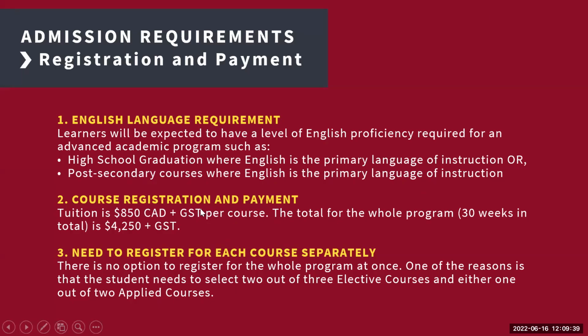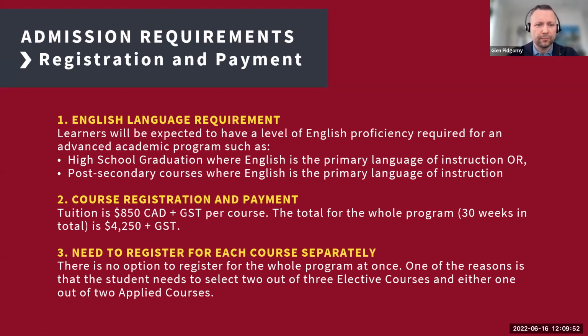Thanks, Andrea, once again. I'm program coordinator for continuing professional studies, and I will be coordinating this PPOE program as well. So this is an advanced academic program, so we expect our students to have a relevant level of English proficiency.